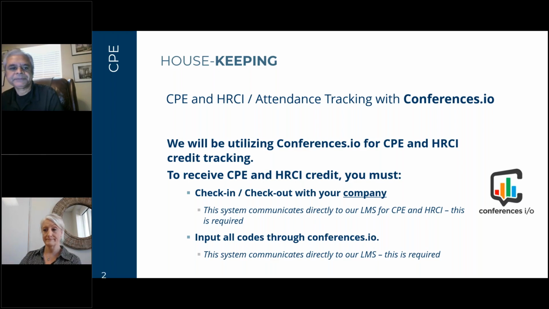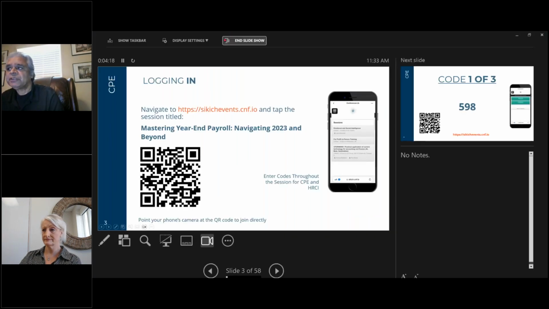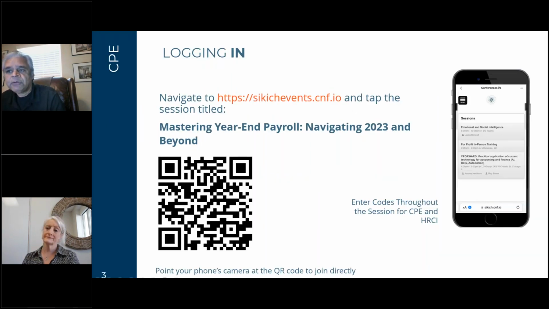Okay, Rachel? All right, so first of all, you need to navigate to HTTPS in the URL if you're using your computer. Or you can go into your cell phone if you have the cell phone capability, and you can just use your camera app to scan the code.